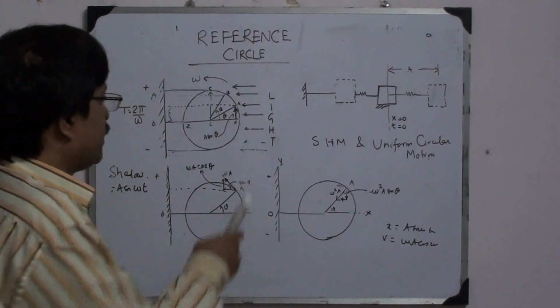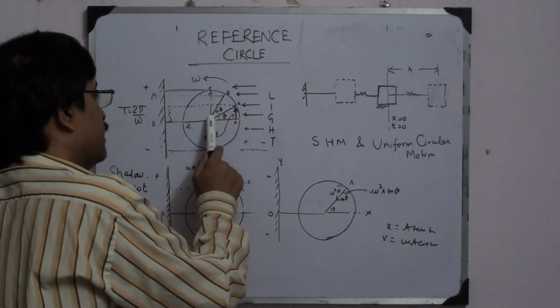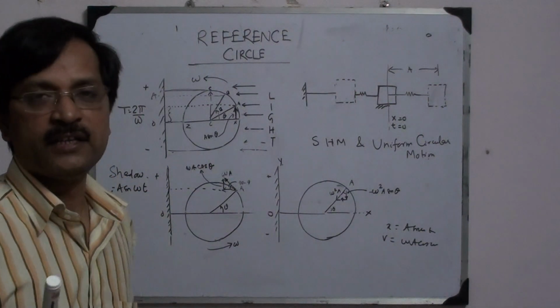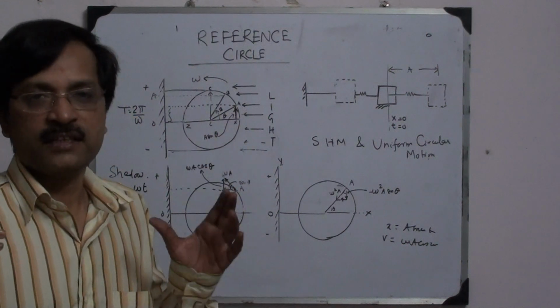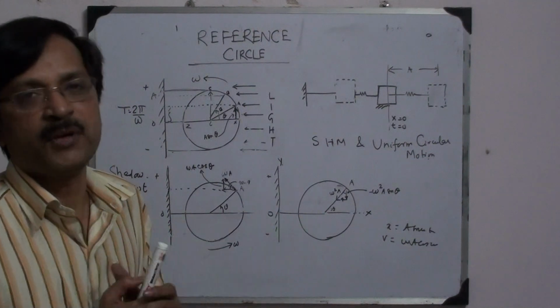The new thing is that, supposing this particle is at A, the length of O to A is nothing but the radius of the circle. Now, the radius of the circle, let us take the value A, which is the amplitude of a standard simple harmonic case.